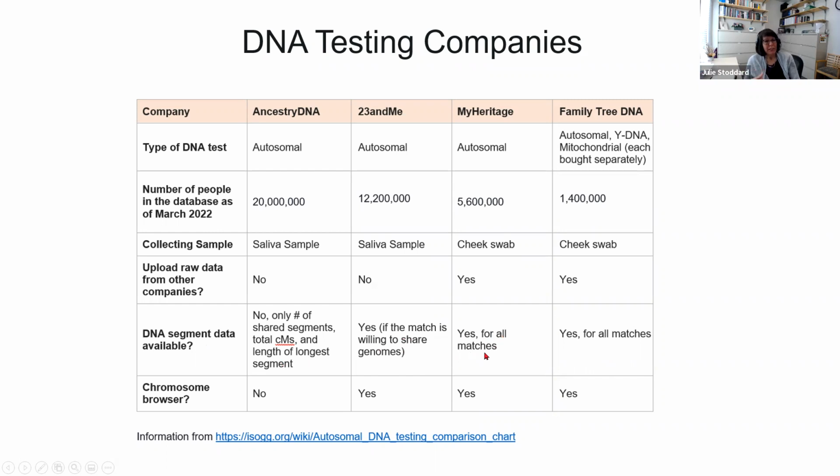So if I'm looking at a DNA match and I'm saying, wow, we both share this segment on chromosome 17 at the same start and stop location, that's a much, much bigger piece of evidence, because you can find all the DNA matches on that segment, and then you have a group who all come from the same ancestor. The chromosome browser just lets you view some of that DNA segment data.